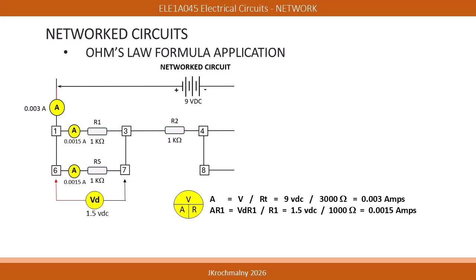Referencing the Ohm's law formula for determining amperage, we understand that amperage is equal to the volts divided by the resistance. Utilizing this formula in this case, the 1.5 volts DC dropped across this particular load is divided by the resistance value of the R1 load of 1,000 ohms, equaling a current passing through it of 0.0015 amps. If an amperage meter is placed in series with the R1 resistor, this 0.0015 amps will be displayed.